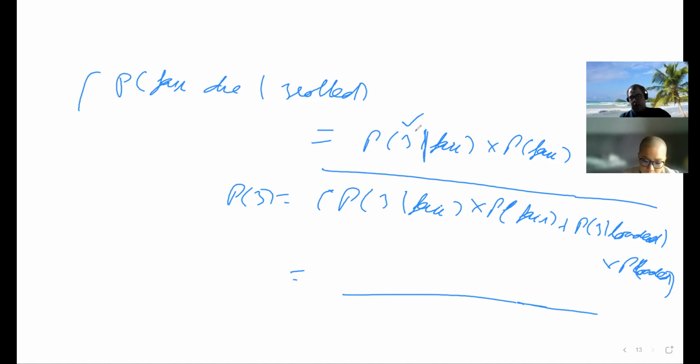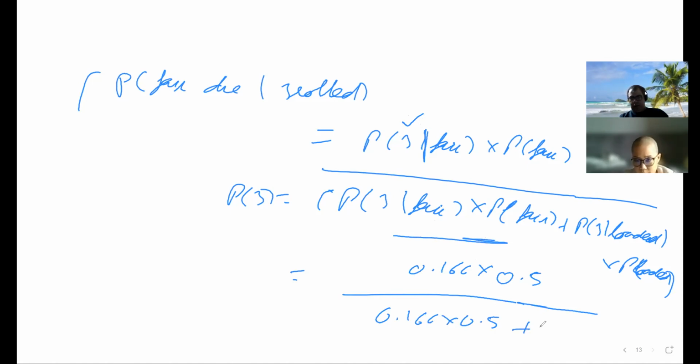What is P fair? Is it 0.5? Yes. Then in the denominator, again 0.166 into 0.5, plus 0.6 into 0.5.